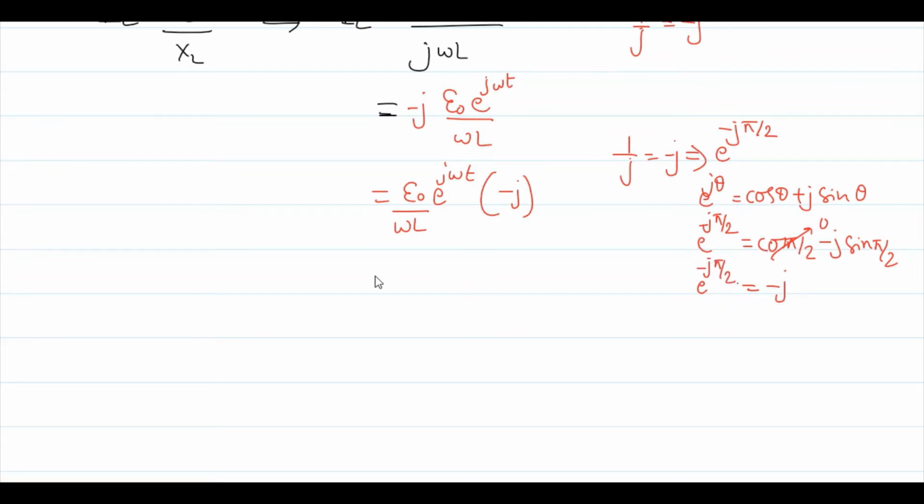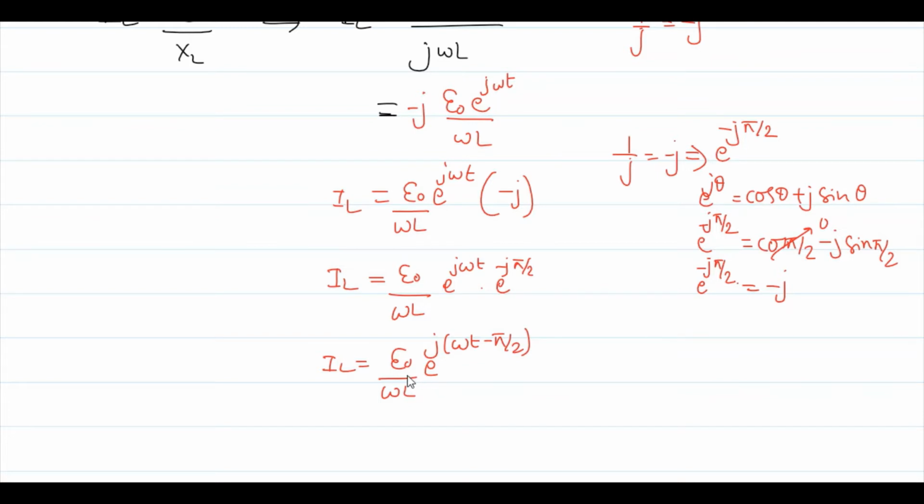Substituting this minus j value, IL equals E naught divided by omega L into exponential of j omega t into e power minus j pi by 2. So IL becomes E naught divided by omega L into e power j, with j common, omega t minus pi by 2.